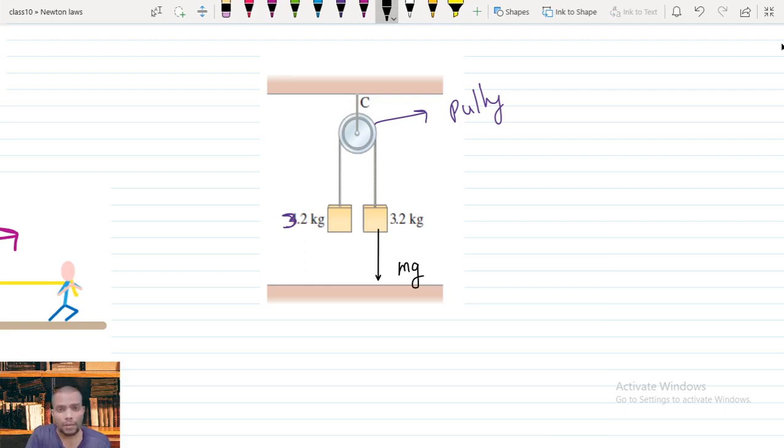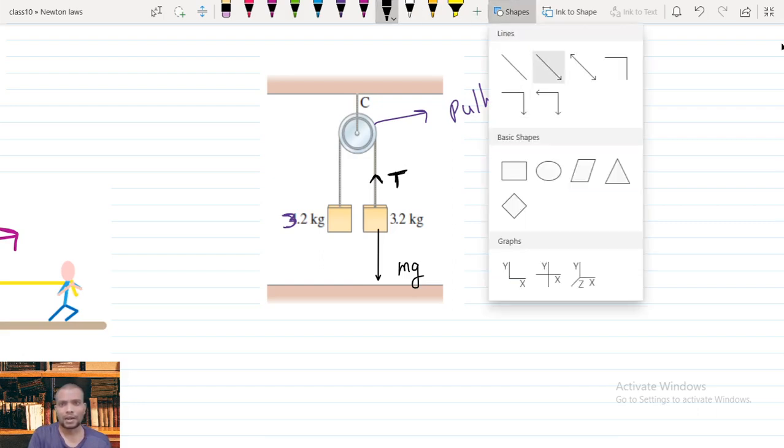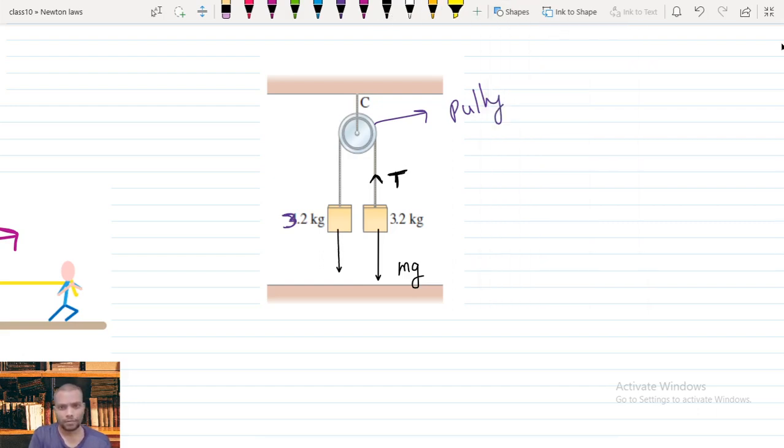To counterbalance weight, there is a force acting in the upward direction, that is tension. In the same way, on the other block, weight mg acts downward, and to counterbalance it, tension acts upward.